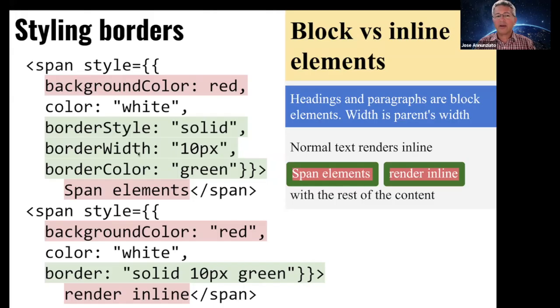So if it's a border, it allows you to separate each property individually like this, or it will give you an alternate syntax where you can combine the values into one single string and give it a generic border. So we say border, and then you can give it the style, the width, and the color all in one single line. So you'll find this a lot, that CSS allows you to say, oh, I can style the whole thing in one single line, or I can break it up into individual properties.